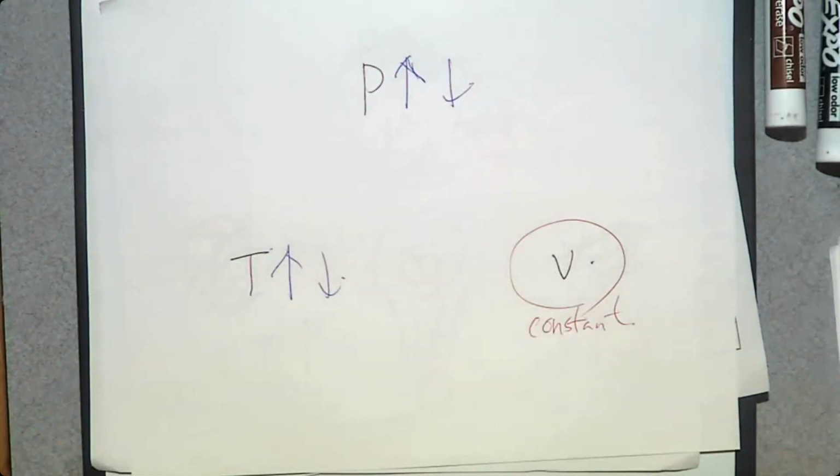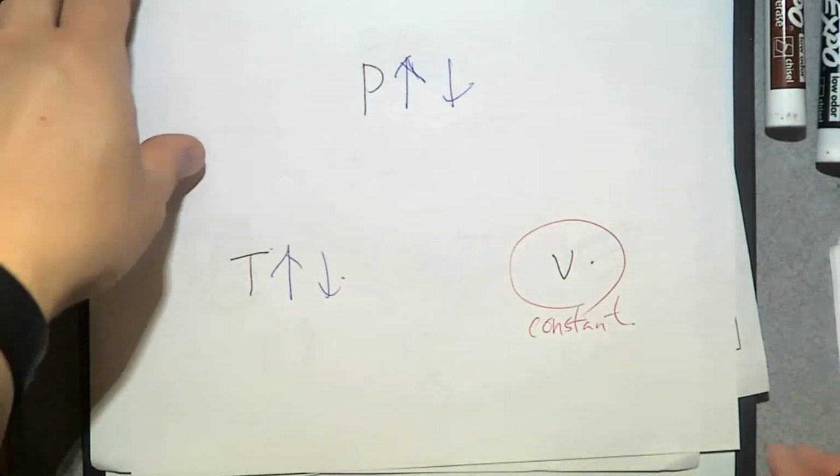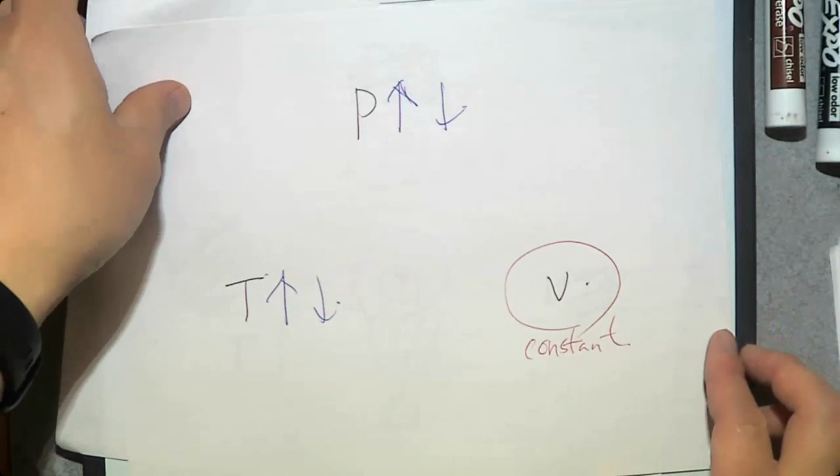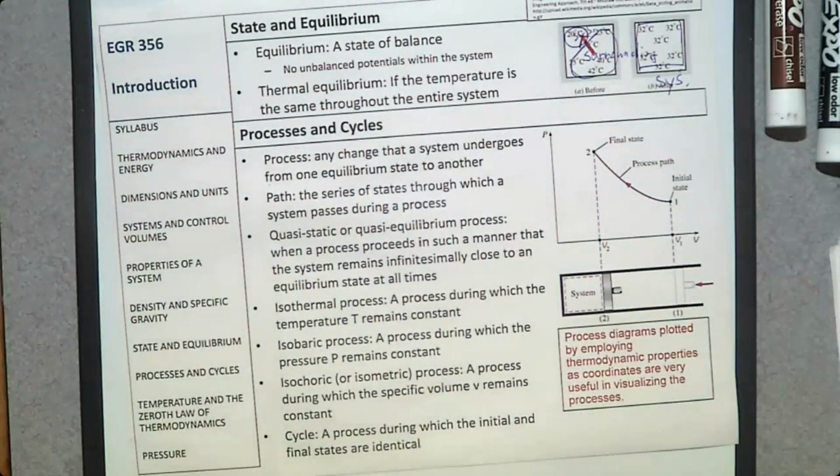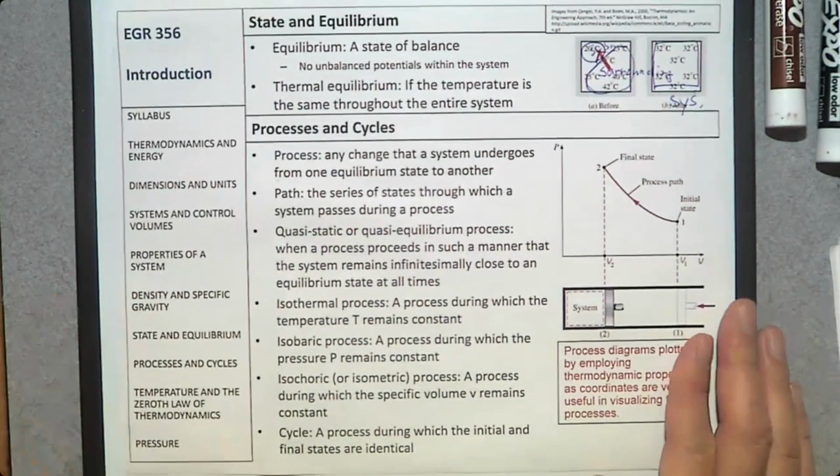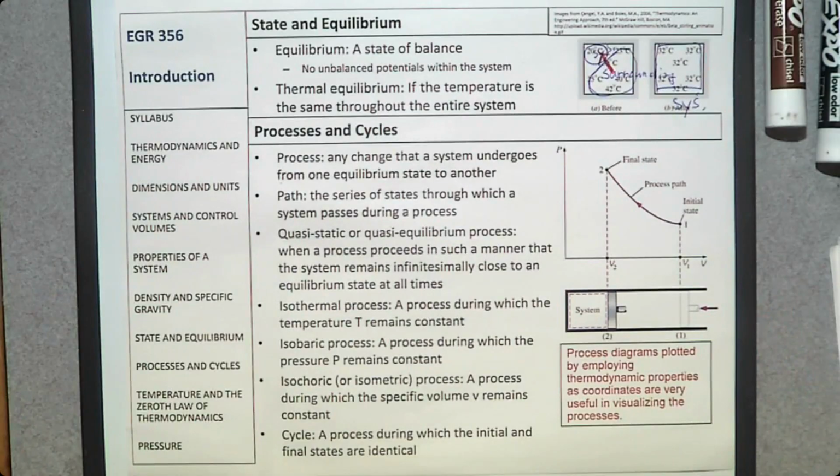So if you make one property constant, you can expect what happens to the other. That's why we study the isothermal process, isobaric process, or isochoric process, because without these assumptions, a problem can be very complicated, right? So this is a way to simplify a system.